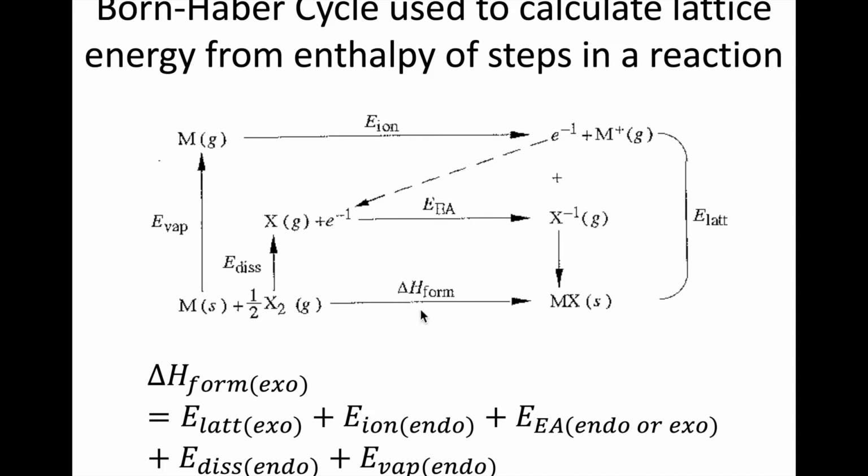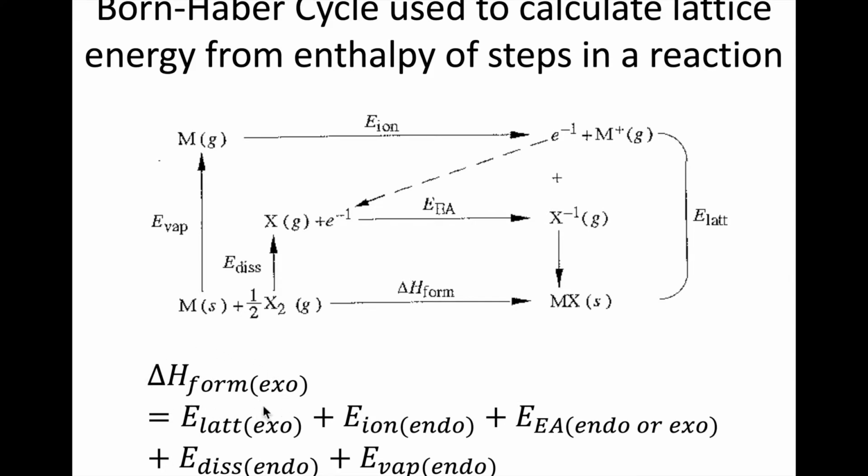To go from the metal solid to a metal gas involves vaporization. To go from the diatomic gas to a monoatomic gas, we have to dissociate, and then we ionize both of them. All of those factors go into basically an enthalpy of this reaction.